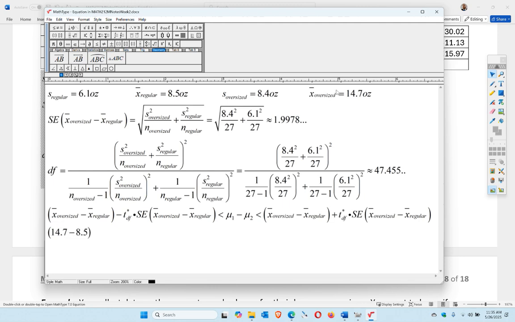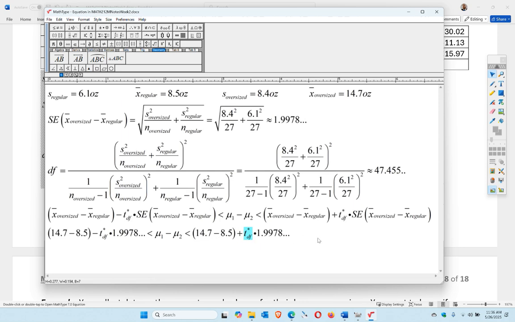Those are the means we have up here. 14.785, minus a t-value, which we don't have yet. Copy. And the standard error was 1.9978 dot dot dot. Copy, paste, copy, paste, and change that to a plus. All right, so we just need the t-value essentially. That's the one thing we don't have.